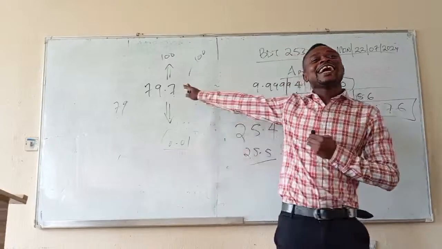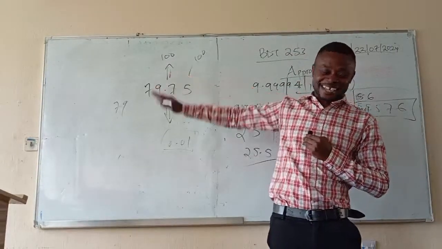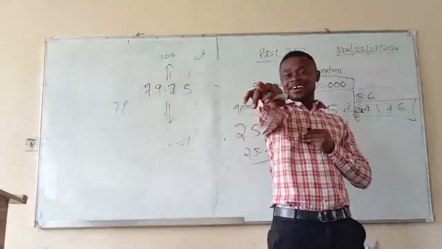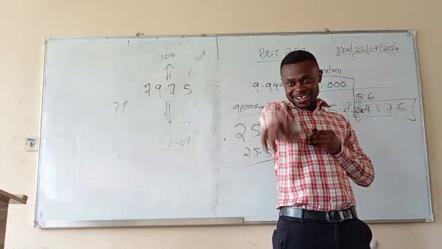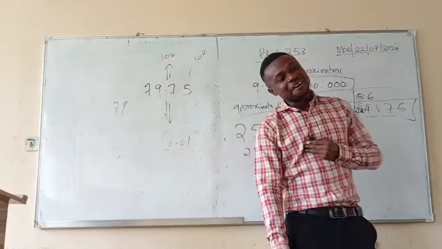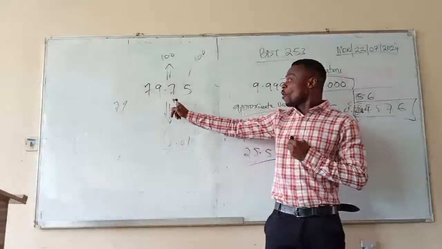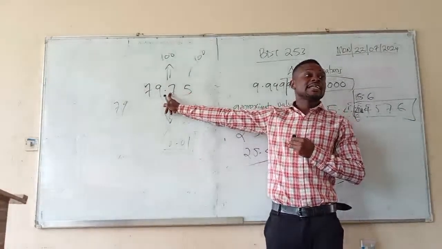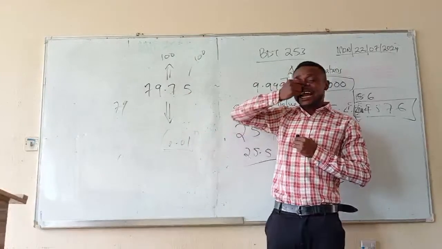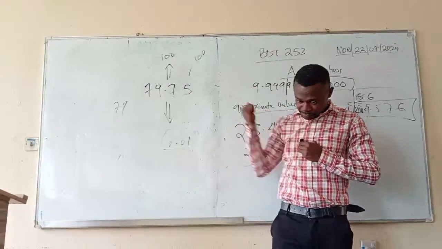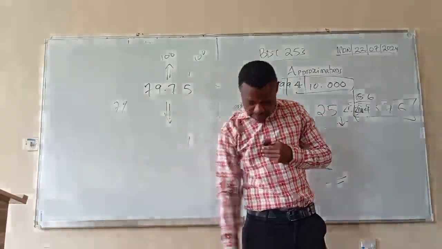So what is the answer? Are you okay now? All right. So the nearest tenth is what? 79.8. Nearest hundredth is what? 79.75.